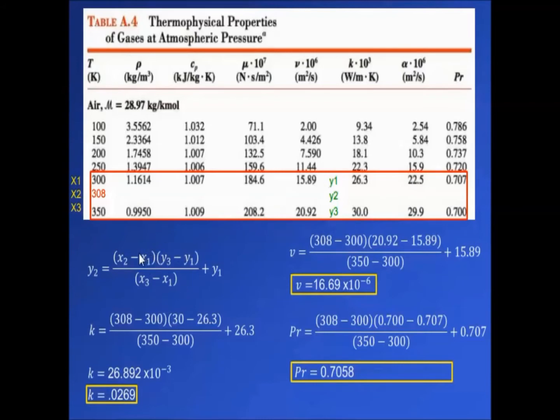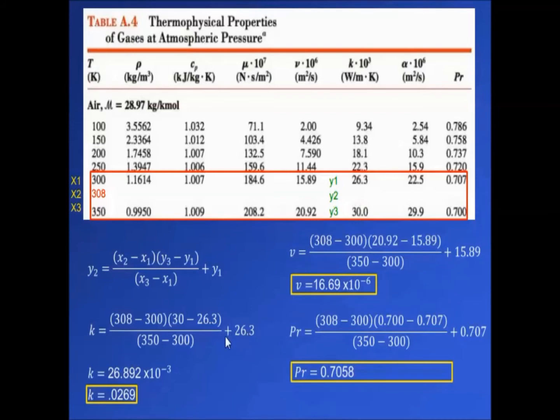So we can plug our known values into this relationship. What we're looking for in this case is our K value. So 308 minus 300, our assumed temperature minus our lower limit, times 30 minus 26.3, all divided by 350 minus 300, the upper limit minus the lower limit, plus our y1 value, which is 26.3.